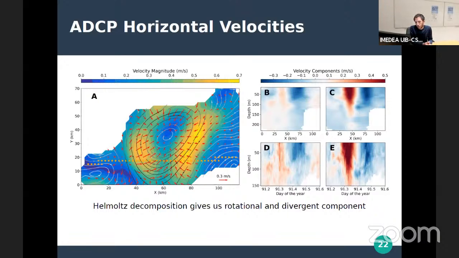Then in the map on the left, you can see the red arrows are the divergent component of the horizontal velocity, and they are toward the epicenter. This is pretty interesting and will be used later. Instead, the rotational component presents basically the same shape as the eddy. And this has been obtained, as I said, with the Helmholtz decomposition.